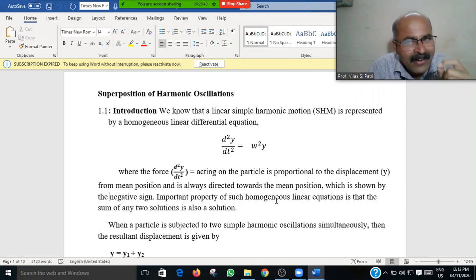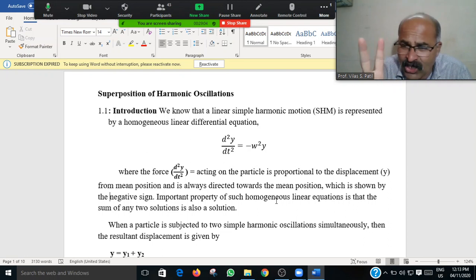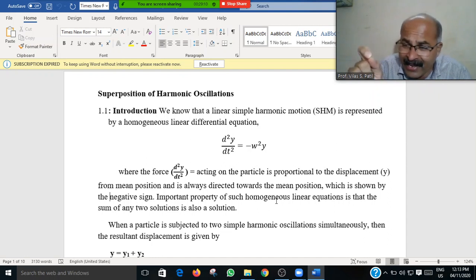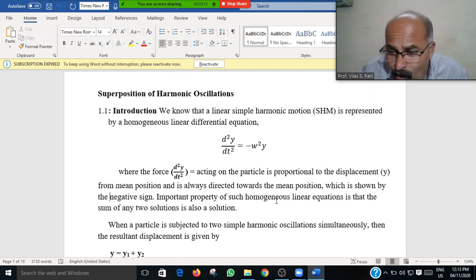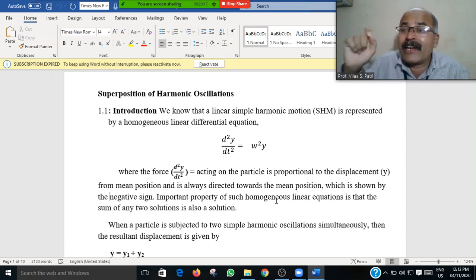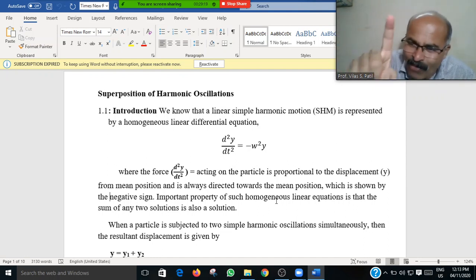Friends, the property of homogeneous linear equation is that the homogeneous linear equation has different solutions. If we take logical addition of two solutions, then when two solutions are added we get a third solution, and that third solution is also a solution of that equation.